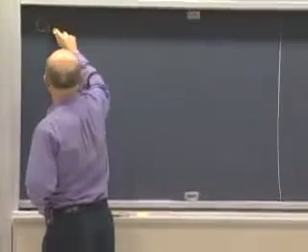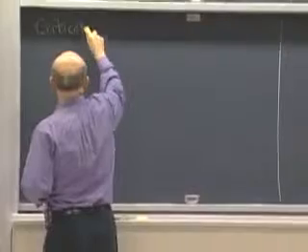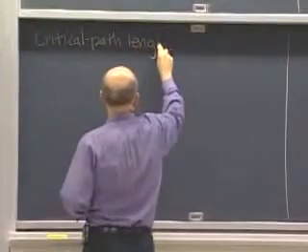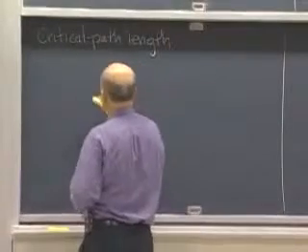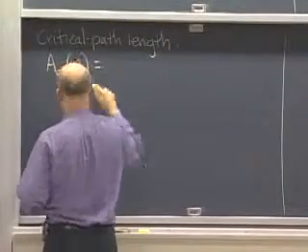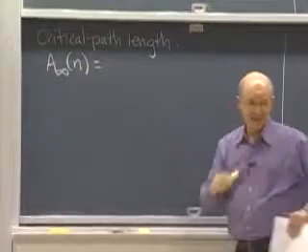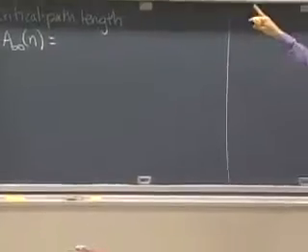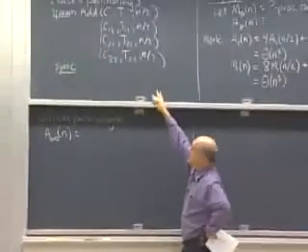Critical path length. So here we have A infinity of n. Ooh. Okay, so we're going to add up the critical path of this code here.